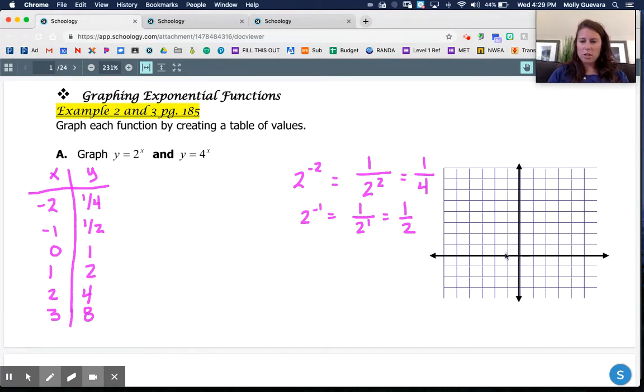So negative 2, 1/4. Negative 1, 1/2. 0, 1. 1, 2. 2, 4. 3, 8.